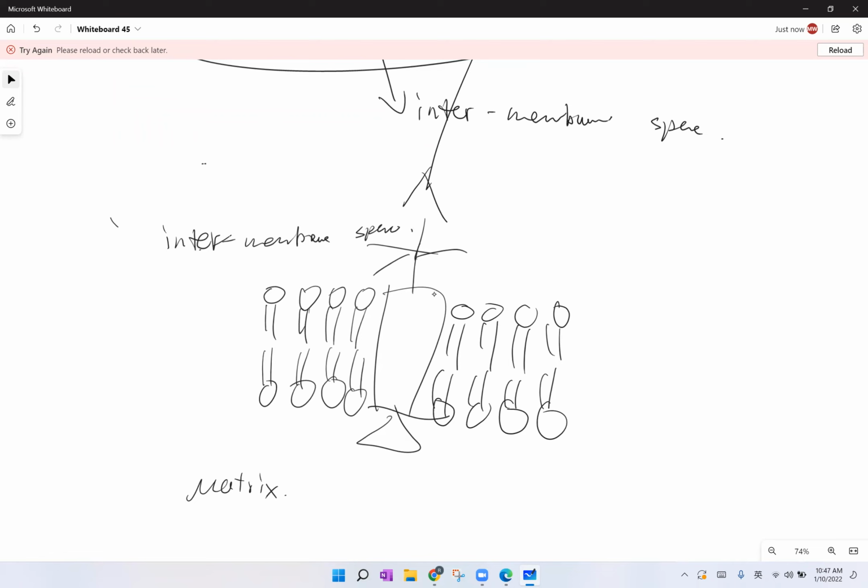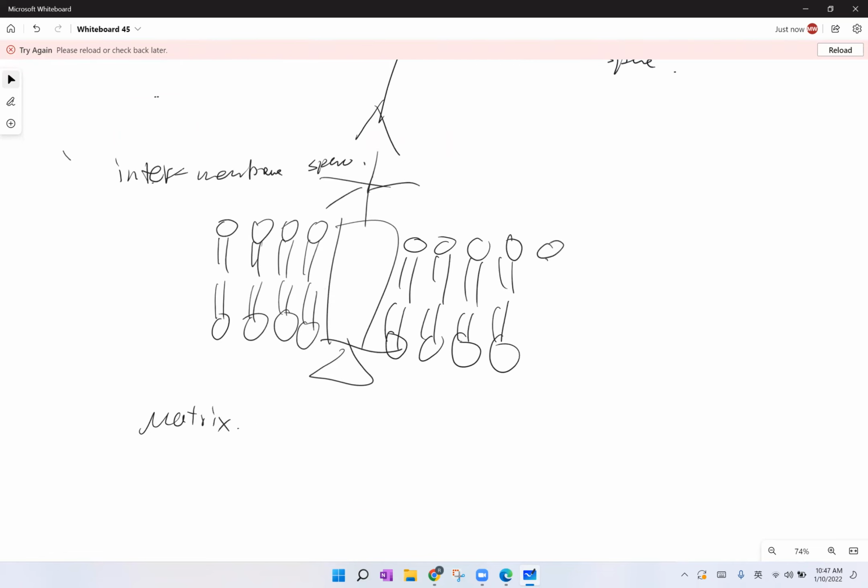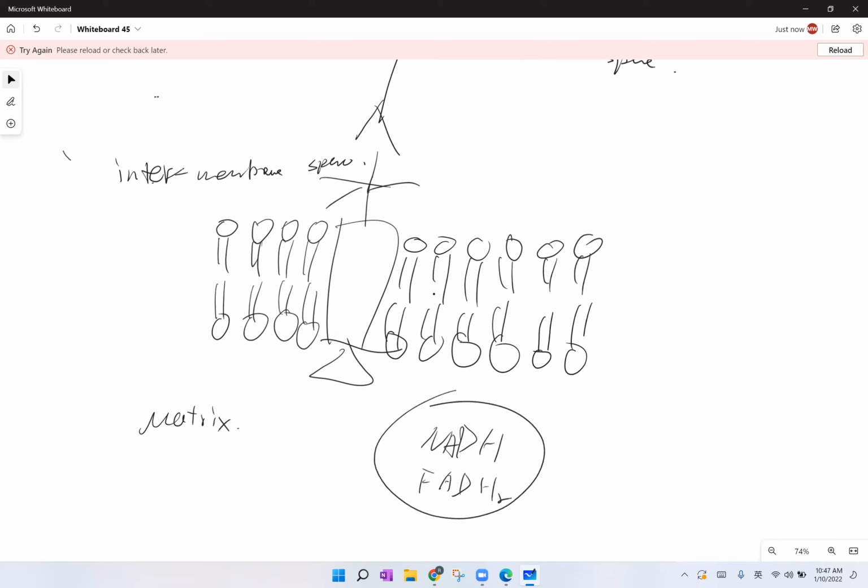Where do we have those coenzymes carrying the protons initially? In the matrix, right? So NADH and FADH2. What's going to happen? They're going to throw the protons across the inner membrane.